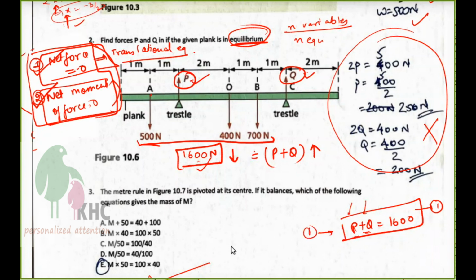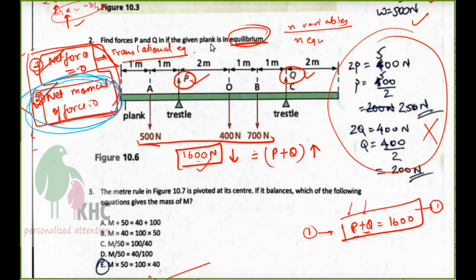Now, this was one equation. From where are we going to get the other equation? The other equation we are going to get is from net moment of force is equal to 0. So now we are going to write the moment of all the forces about one single point.